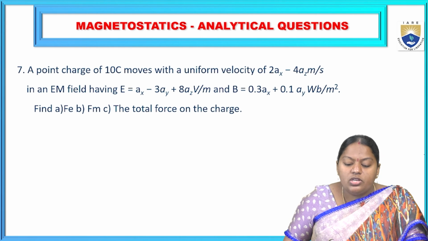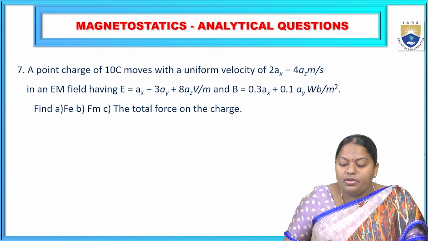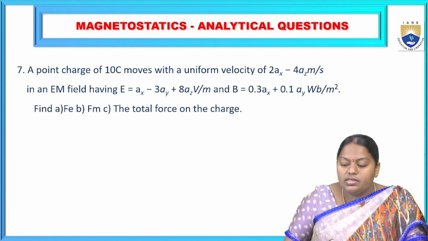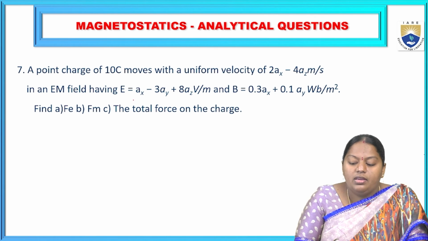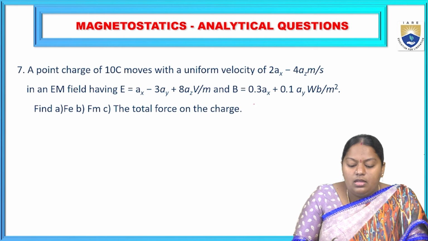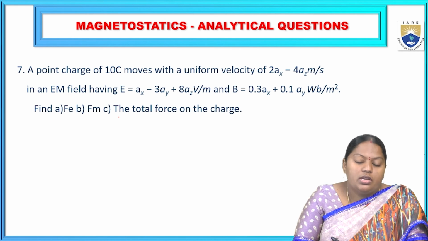Next, a point charge of 10 coulombs moves with a uniform velocity of 2ax minus 4az meters per second in an EM field having E and B, and find Fe, Fm and the total force on the charge.